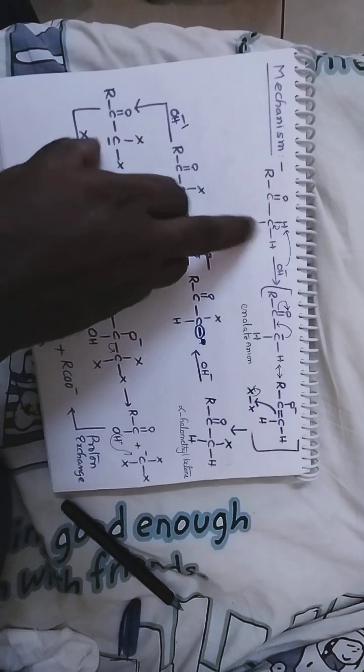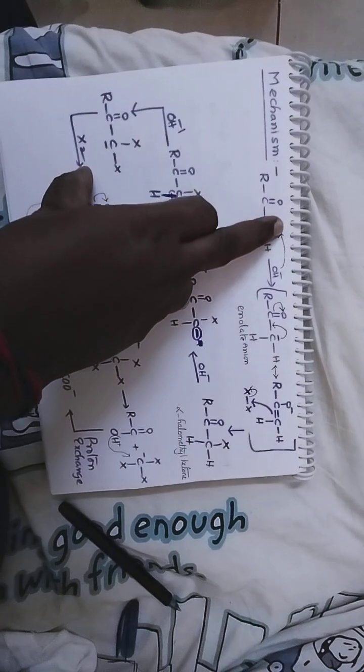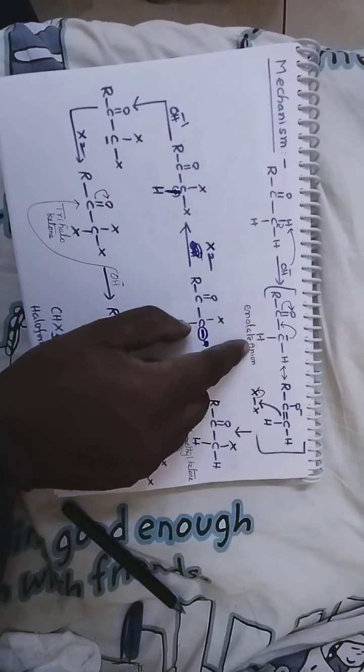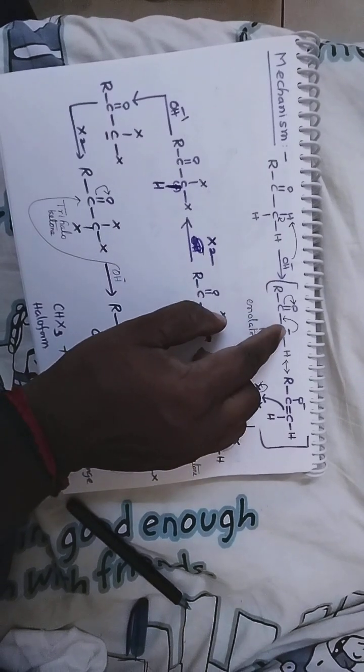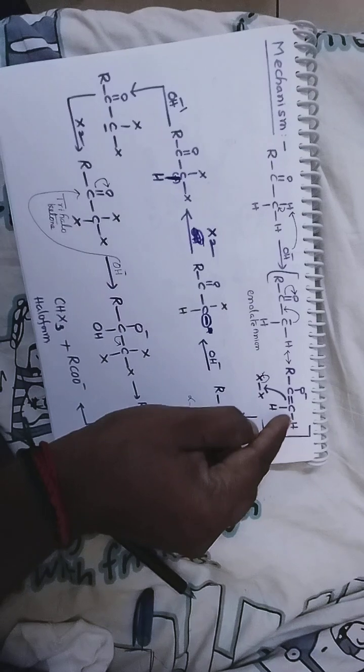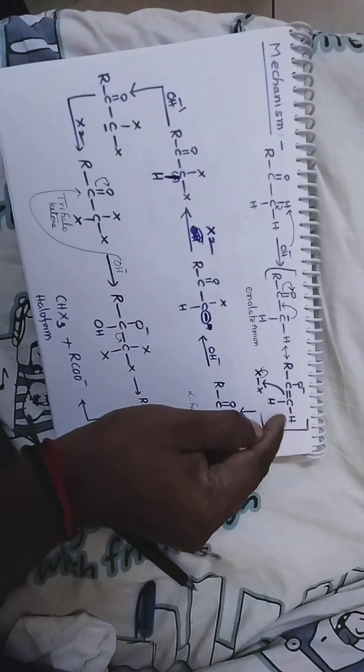Next, haloform reaction mechanism. RCO ketone group and CH3 must be there. If you treat it with base, it will abstract this hydrogen. It will form a C minus. It is an enolate anion. C minus, if it is shifted here, pi electrons will be shifted here. So O minus, double bond C, CH.